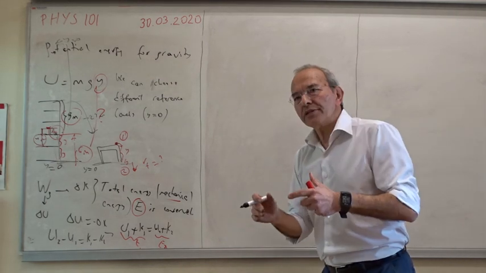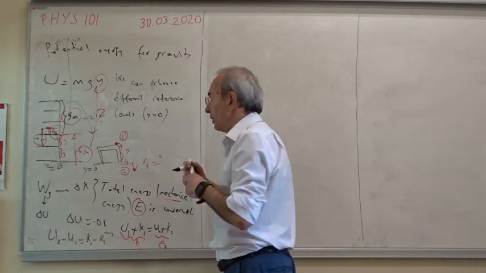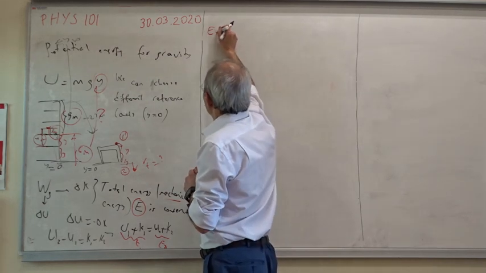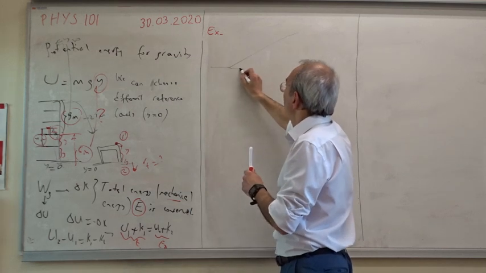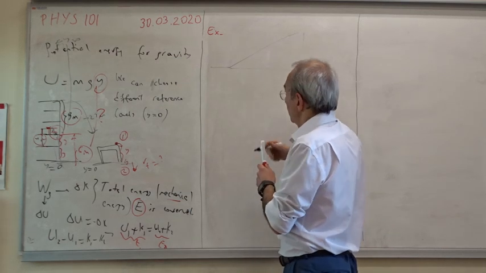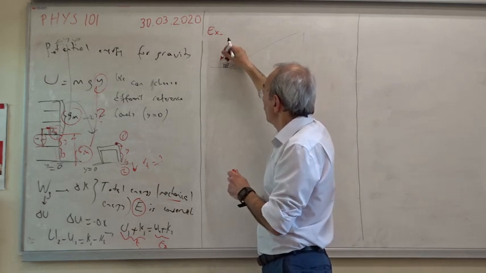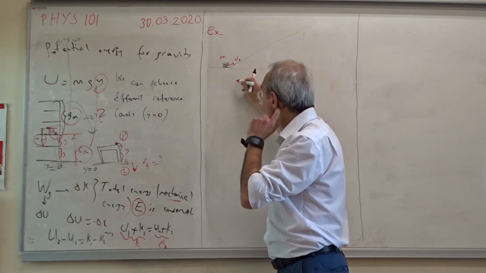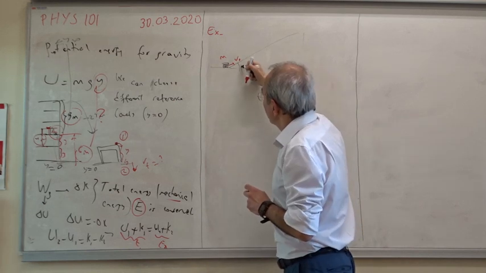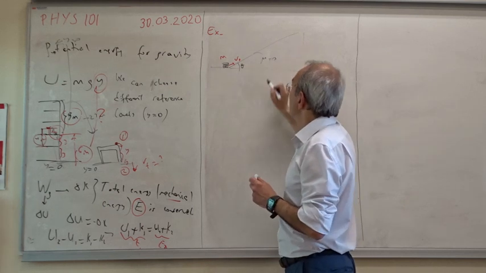So let's consider a very simple case. Let's just apply it to a very simple situation as an example. For example, let's say this is the object of mass m. Initially, it is moving with an initial speed v0. Let's say the angle is also given, on a frictionless surface.